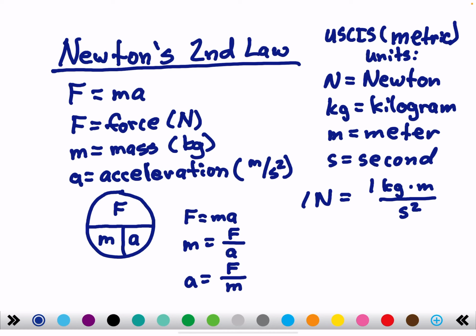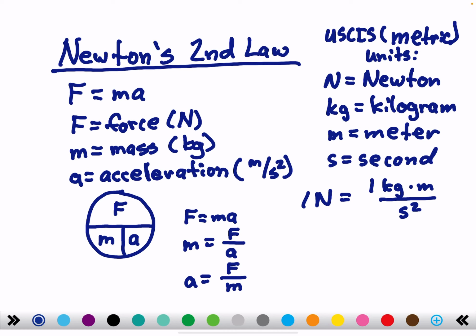The famous formula for Newton's second law is F equals ma, where F represents the force measured in newtons, abbreviated by a capital N. M represents the mass measured in kilograms, abbreviated kg, and A represents the acceleration measured in meters per square second, where m represents meters and s represents seconds. 1 newton is 1 kilogram meter per square second.